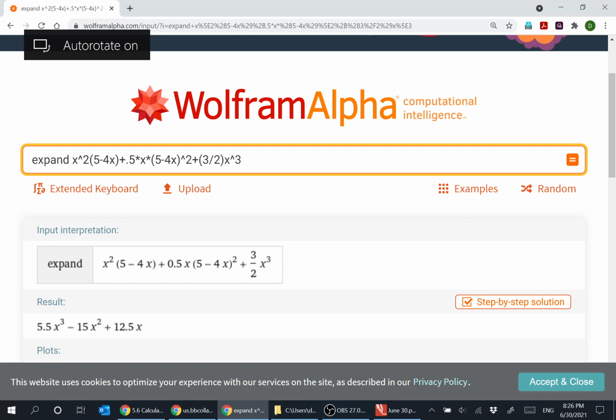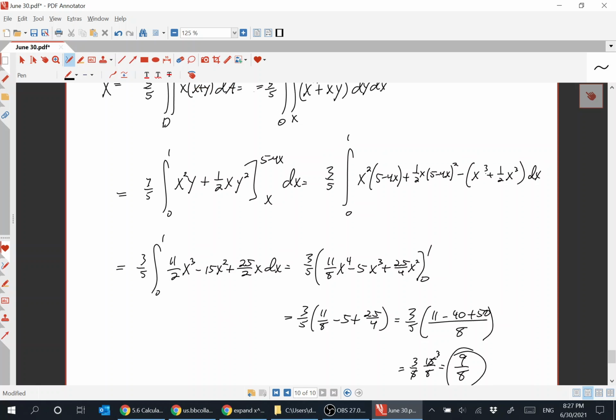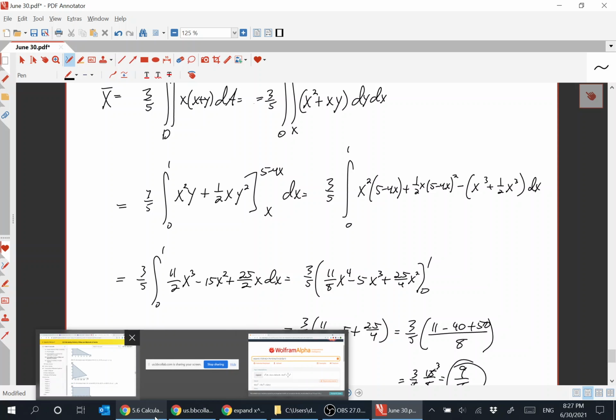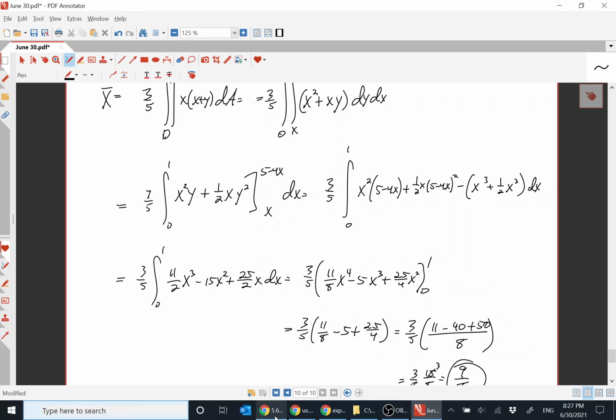Is a little bit bigger, so 5.5 x to the third, so that's 11/2. So 11/2, 11/8, 11 over 8, so that's 11. Oh, but now it's even worse. No, it's minus 3/2. Oh, that was right. 3/2 minus 3/2. This is a plus 1/2.